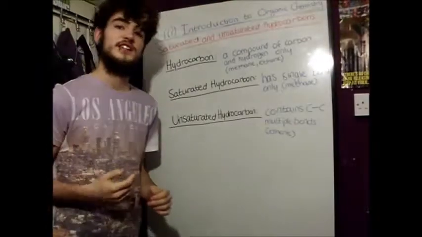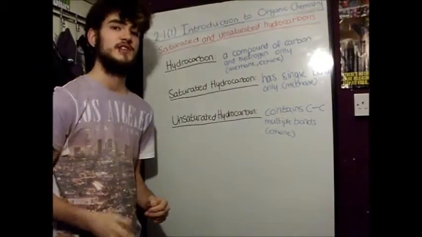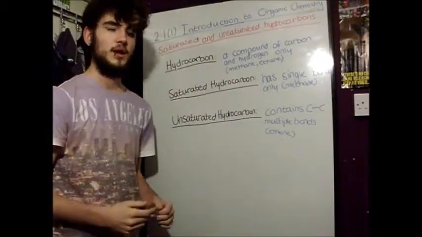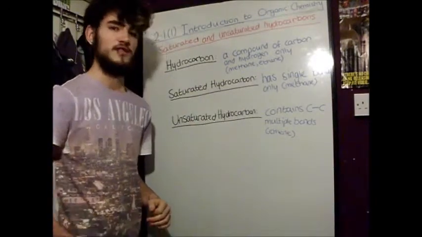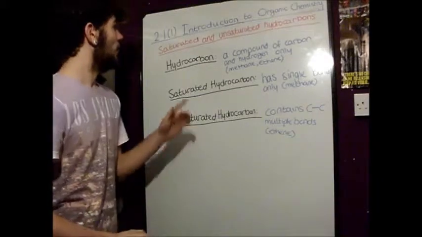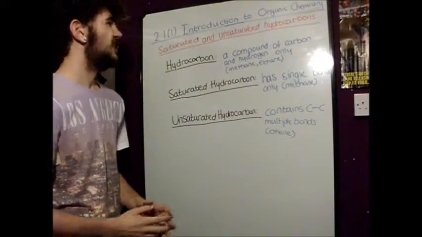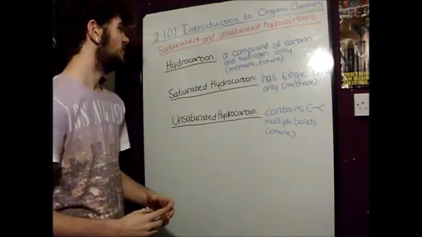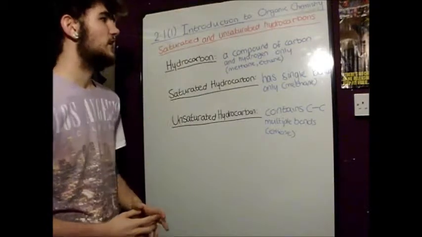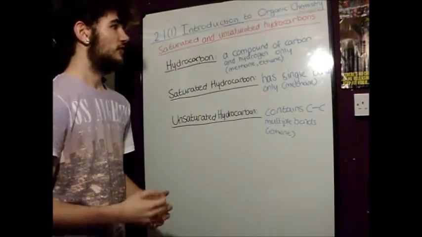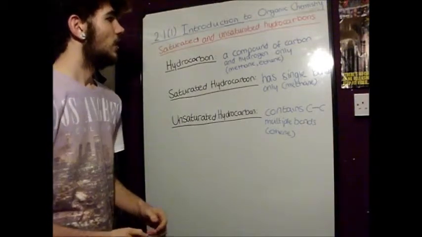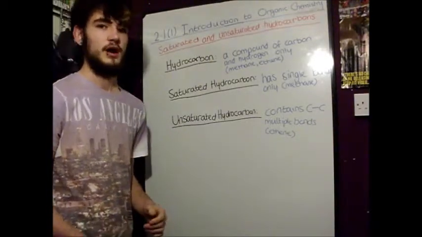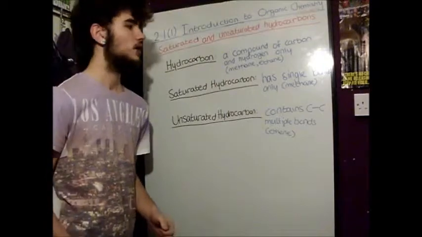Right, here's where the key definitions start to come in, and at the end of the video I'll do a section where I'll go through every single key definition of this topic. Here we're looking at saturated and unsaturated hydrocarbons. A hydrocarbon is a compound of carbon and hydrogen only, which we learned previously, and an example of this is methane or ethene.